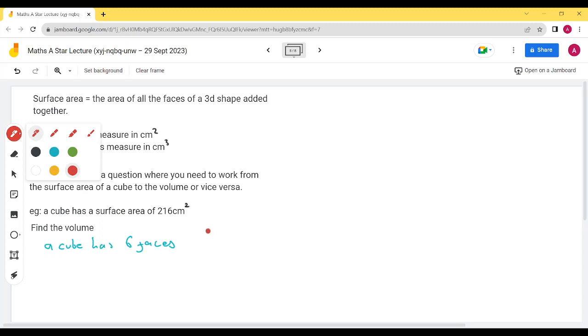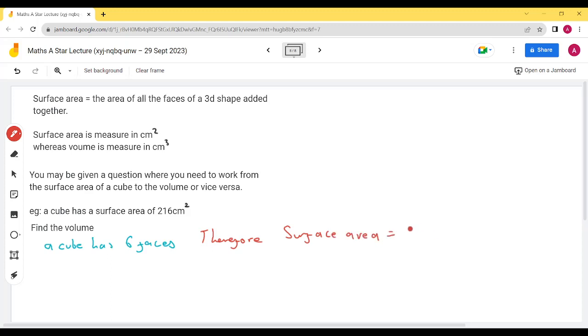So therefore, surface area equals 6 times the length squared, because it's a cube, so the length and width is the same, and the area of a square is the length squared, hence it's called a squared number.